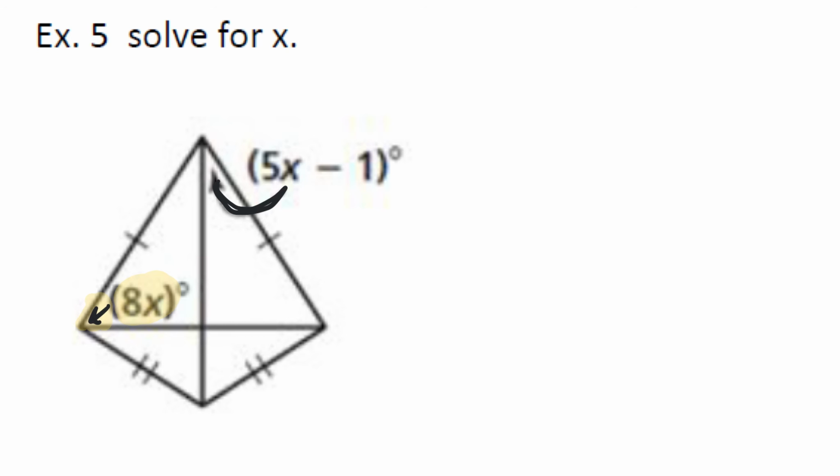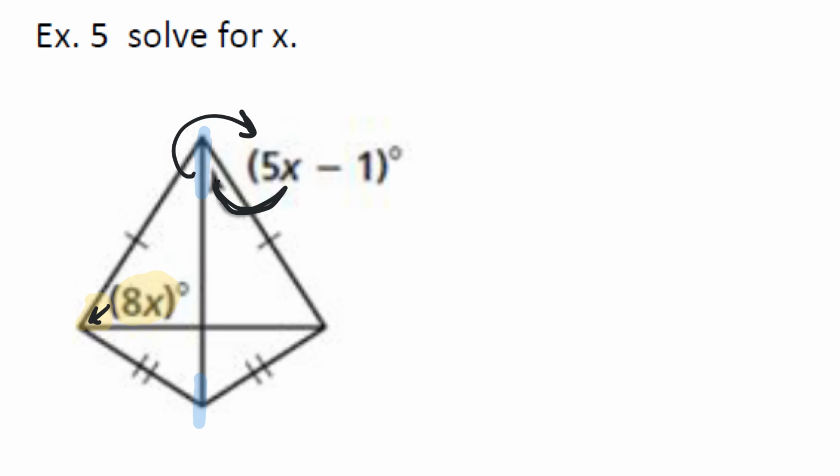But the things we've got to keep in mind are the other rules that go with a kite. The other rules being, remember, this diagonal cuts this angle in half, and it cuts this angle in half. Well, if it cuts that angle in half, that means this side is also 5x minus 1.